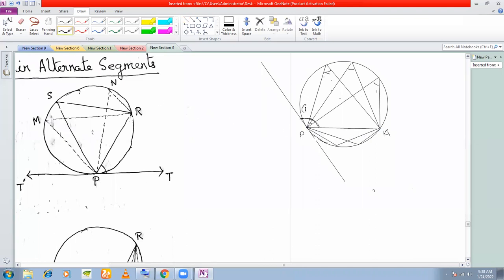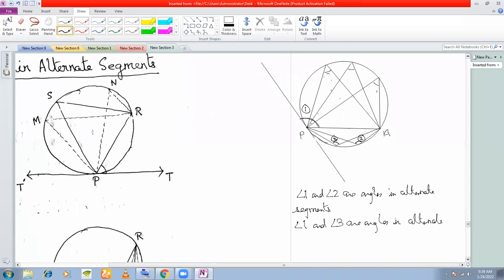If I call this angle 1, this as angle 2, this as angle 3, then angle 1 and angle 2 are angles in alternate segments. Okay. Similarly, angle 1 and angle 2, angle 3 are angles in alternate segments. Right? So I hope angle in alternate segments is clear.